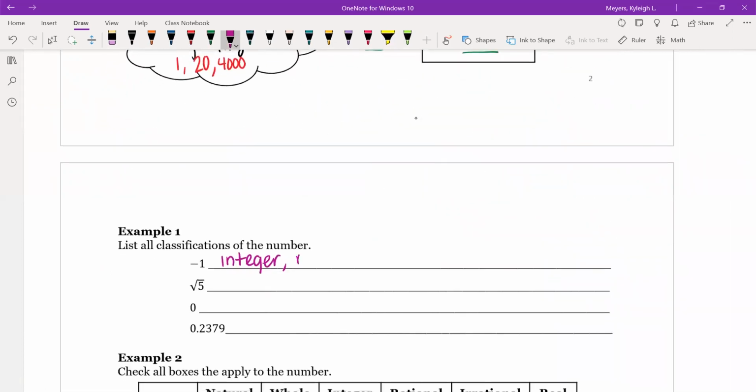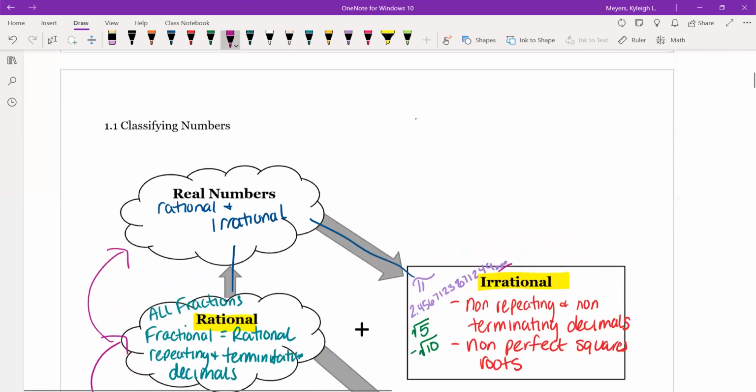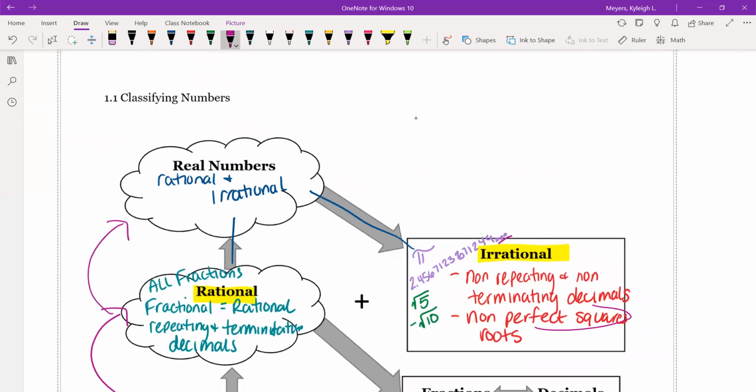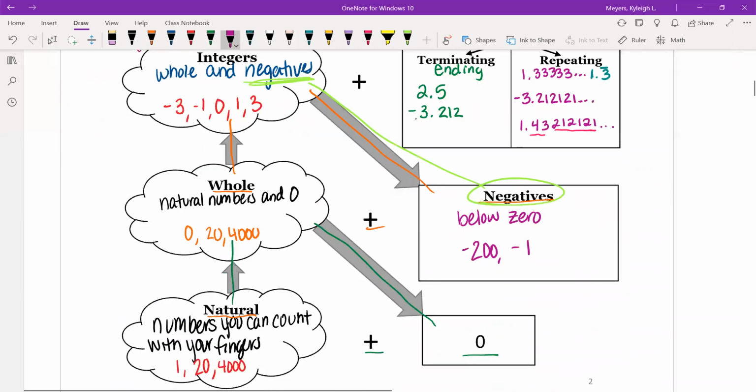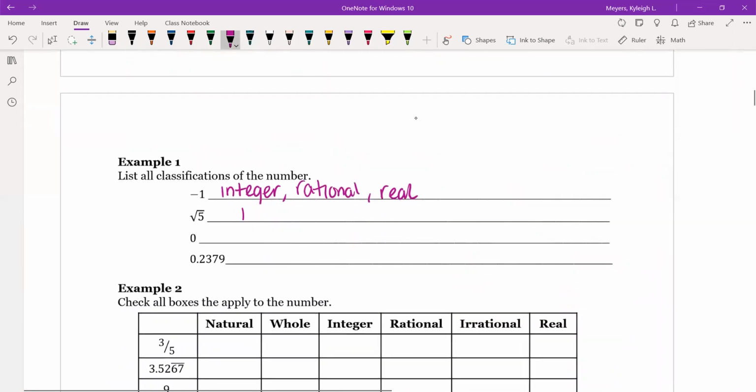So it's rational and real. The square root of 5: we did that as an example. That's a non-perfect square root. Non-perfect square roots are irrational, which is also real. So irrational and real. I want you to pause and try the next two on your own, okay?